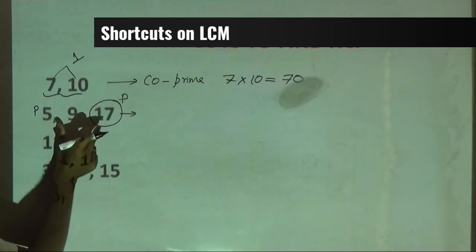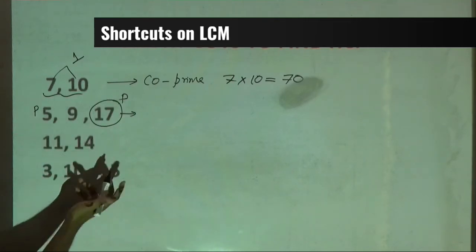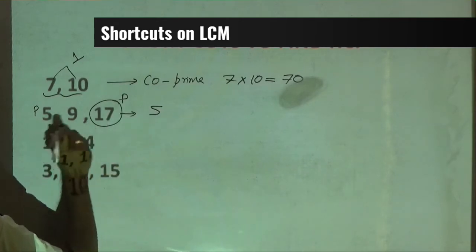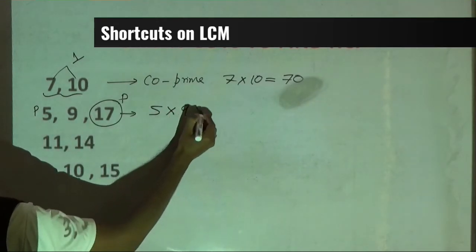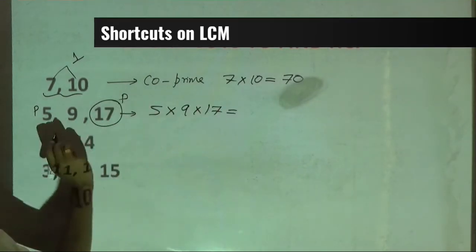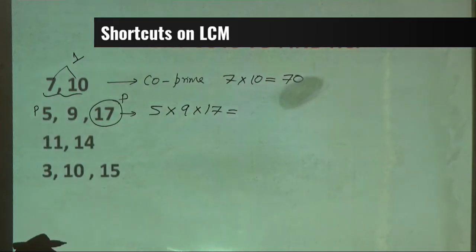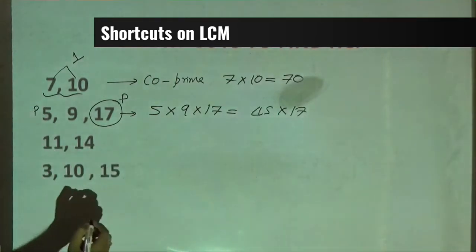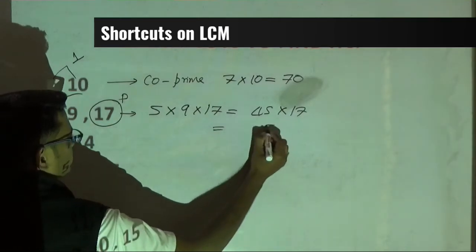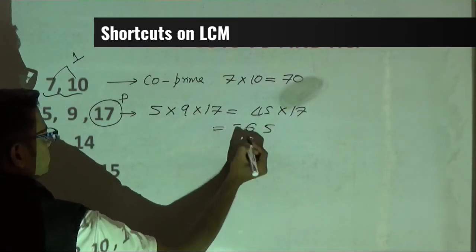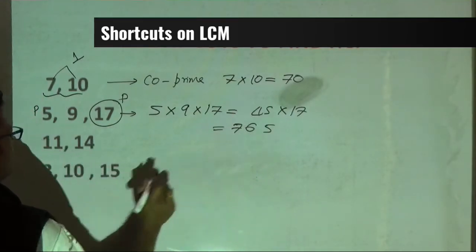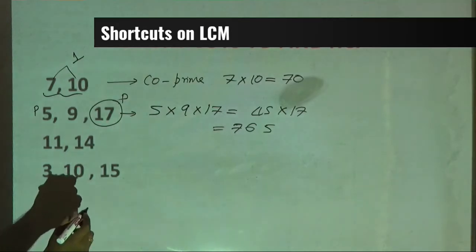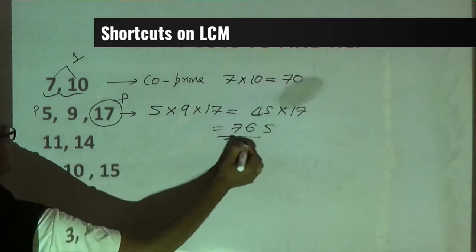If you have prime numbers and any other number, the LCM is just their product. So 5 into 9 into 17. 5 nines are 45. 45 into 17 is 765.